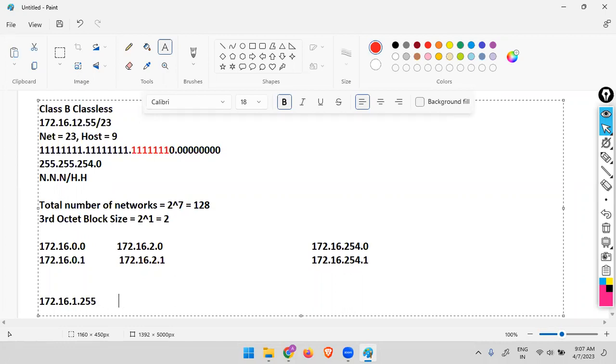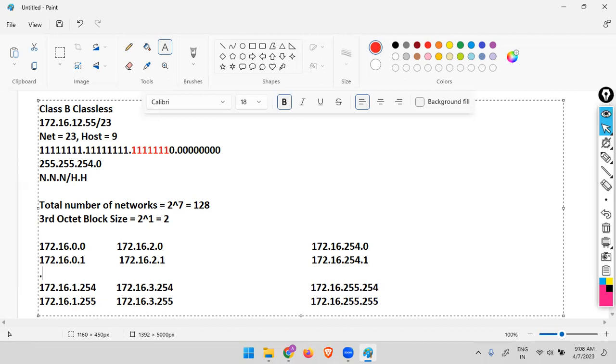After 2, my next network will start at 4.0, so this will end at 3.255. Then this is my last network, ending at 172.16.255.255. Last valid IPs: 172.16.1.254, 172.16.3.254, 172.16.255.254.